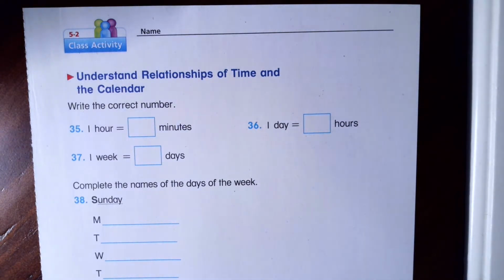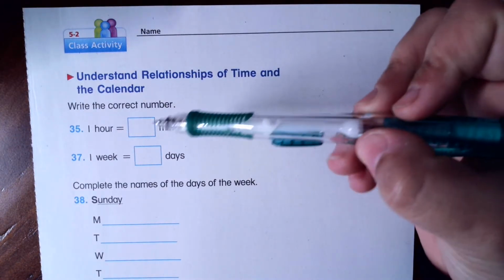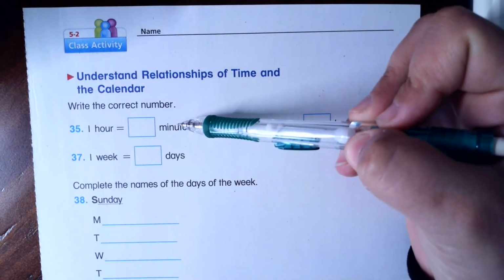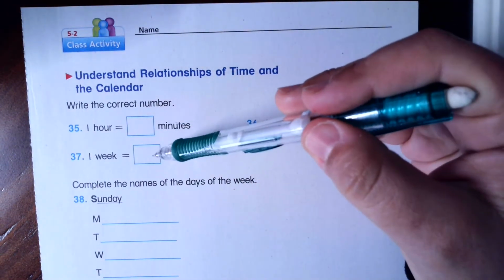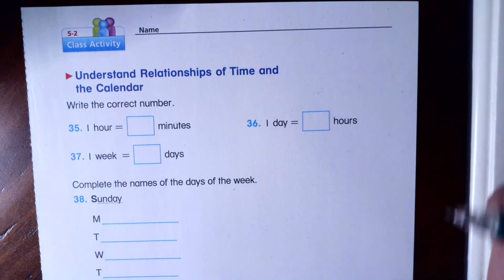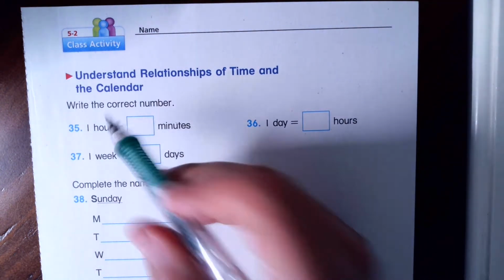So let's start off by talking about the relationship between days, hours, and minutes. Right here, you can see that we have 1 hour equals blank minutes, 1 day equals blank hours, 1 week equals blank days. So we want to figure out, how many minutes are in 1 hour?